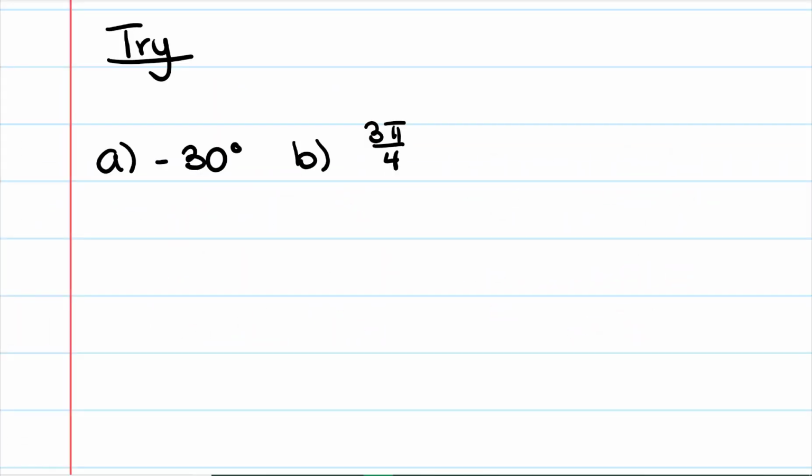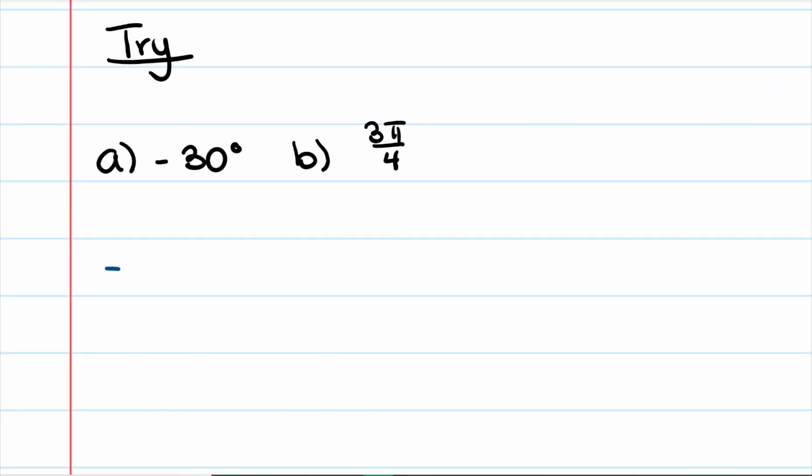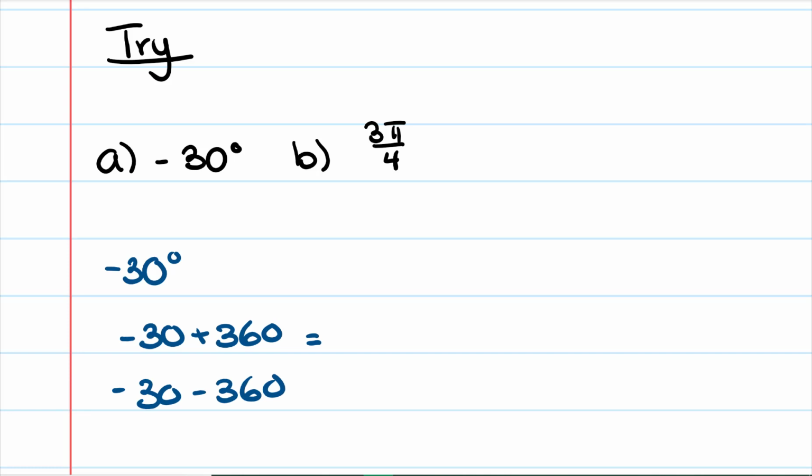Now on your own, I want you to try these two angles and find the two coterminal angles and then sketch them. All right, let's give it a go. We have negative 30. If I want to find the two coterminal angles, I just add and subtract 360. Negative 30 plus 360, negative 30 minus 360, and I get 330 degrees and negative 390 degrees.